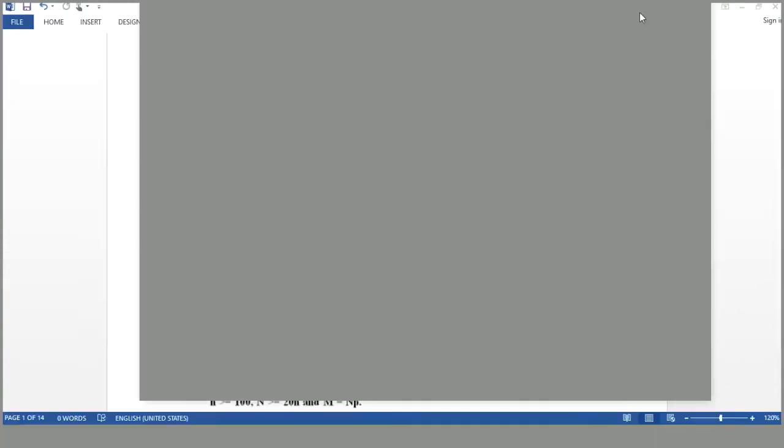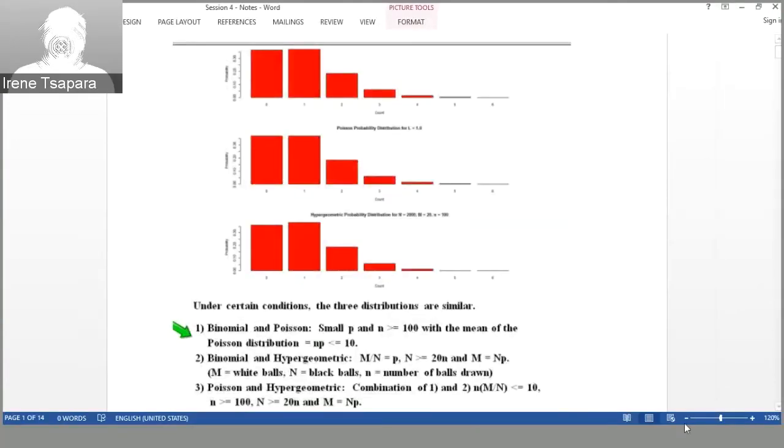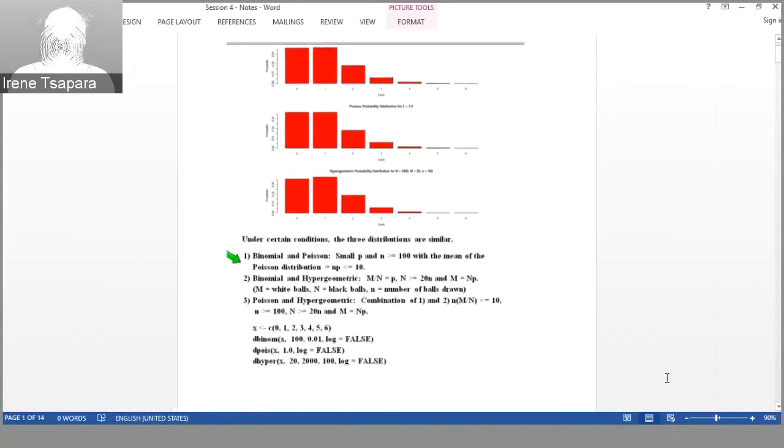Okay, what I have right here for you and I want you to see is, as I said before and as we discussed, the three distributions: binomial, hypergeometric, and Poisson. What I want to show you with this slide is that there are some cases where the three distributions can become very similar. I have specific examples here, and I don't know if you can see them.